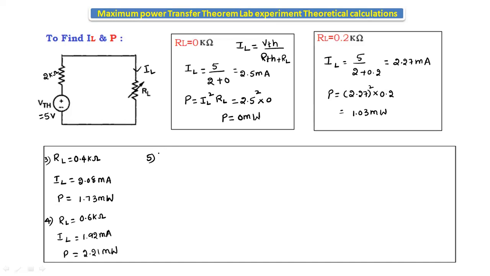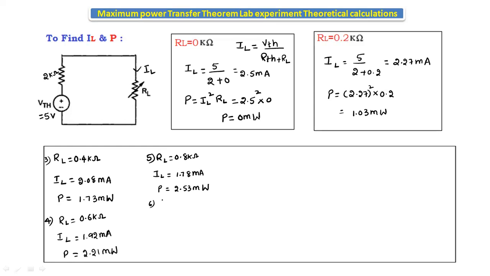For the fifth value, I am taking RL is equal to 0.8 kilo ohms. The IL value we will get is 1.78 milliamps, and the power we will get is 2.53 milliwatts.